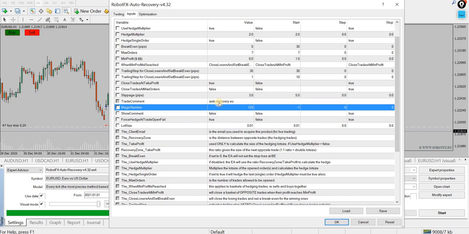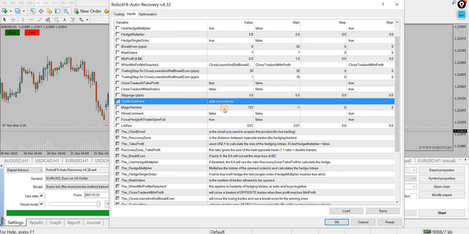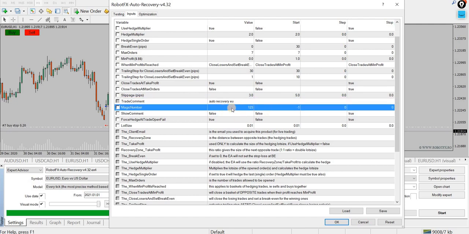You will have one expert advisor attached on Euro USD, yours, and you will have the RobotFX auto recovery expert advisor attached to another Euro USD chart, with both of them having the same magic number.